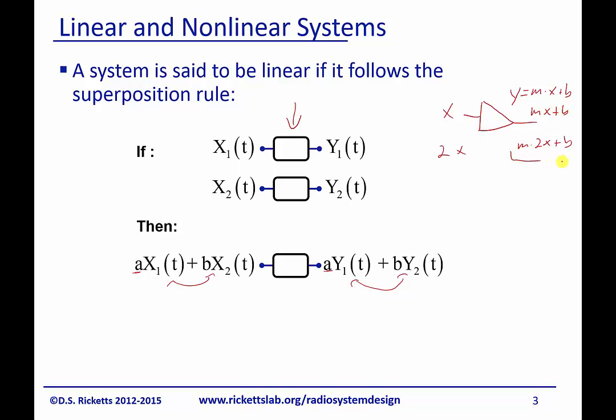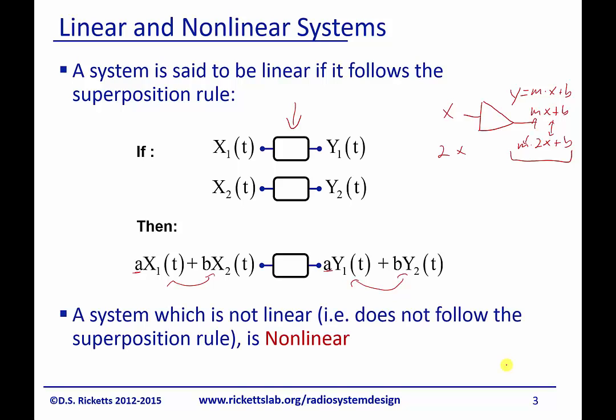And what you'll notice is this second one is not twice the first one. So a system with an offset in general is not linear, even though we think about the gain, m, in both of these examples as being linear. So really the superposition is a good way to check if you actually have a linear system. You should get twice the output if you put in twice the input. A system which is not linear, not surprisingly, is called nonlinear.